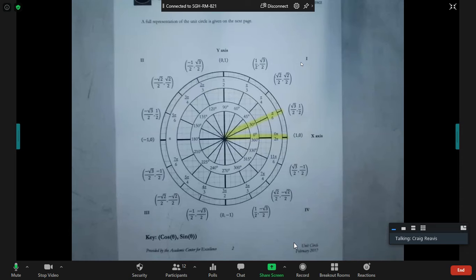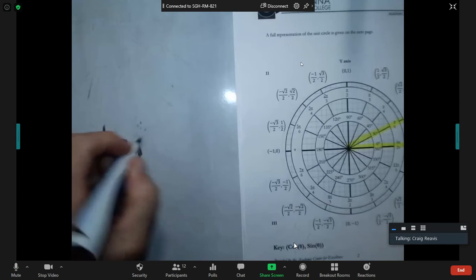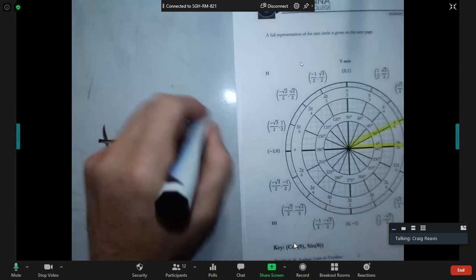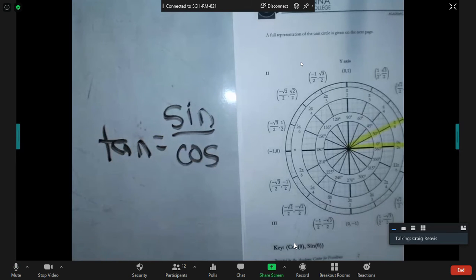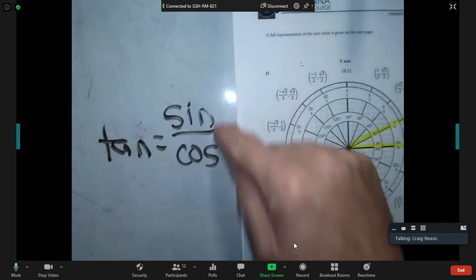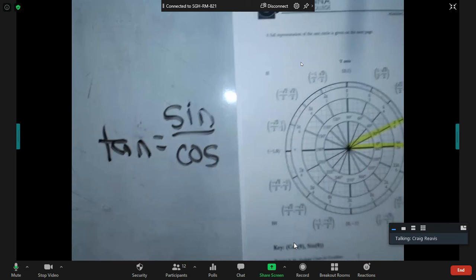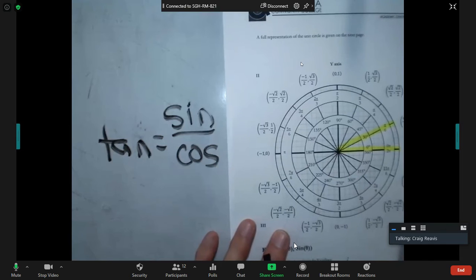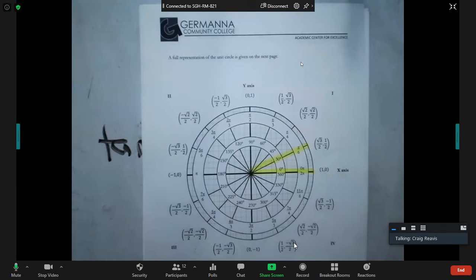So our tangent is going to be equal to sine over cosine. Tangent is opposite over adjacent. All right? So if I want to know the tangent for each one of these spots, all I have to do is put the sine over the cosine, which is the y over the x.